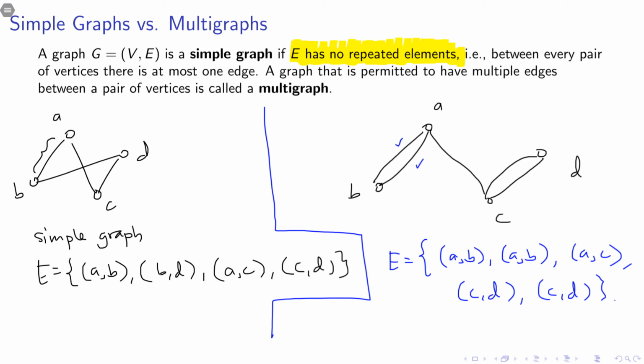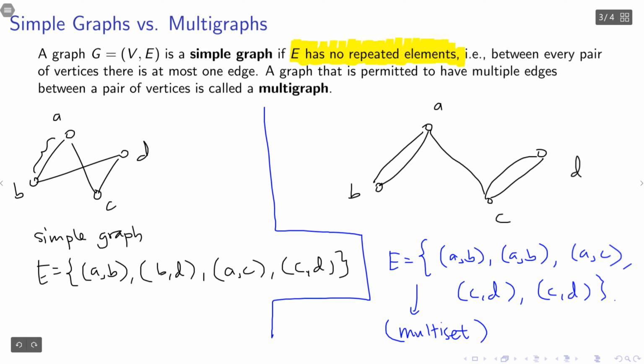And so really another name for this, if you remember, is that this is a multiset. Right? In which case you allow elements inside that collection to be repeated. Right? And so there will be some scenarios or problems where we would like to model them using a multigraph instead of a simple graph, right? If there could be, say, more than one connection between vertices in that scenario. Usually it will be clear from the context if that specific problem you're working on is talking about a simple graph or a multigraph.